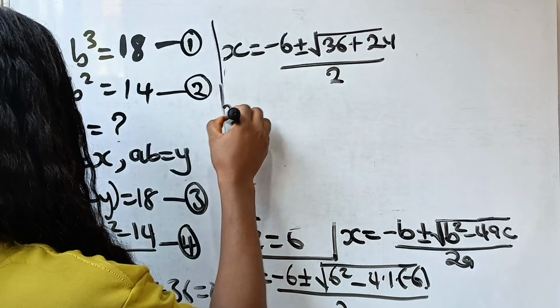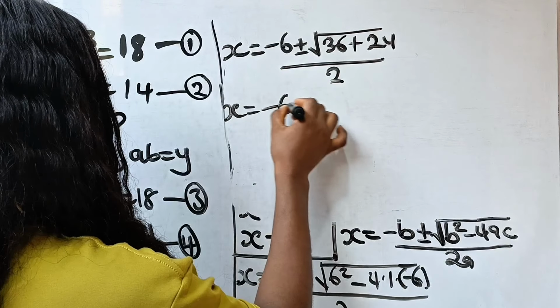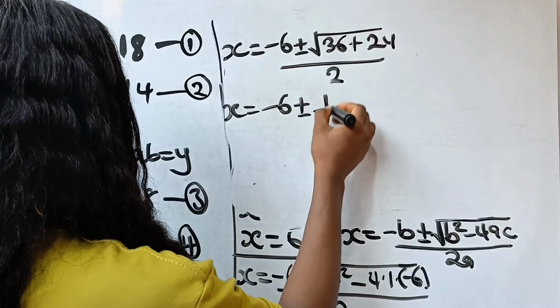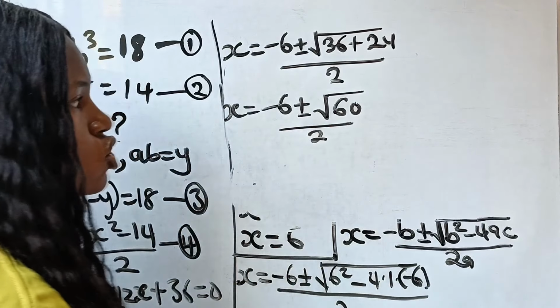So our x will be equal to minus 6 plus or minus the square root of 60, divided by 2.